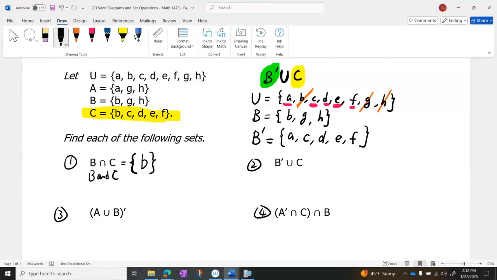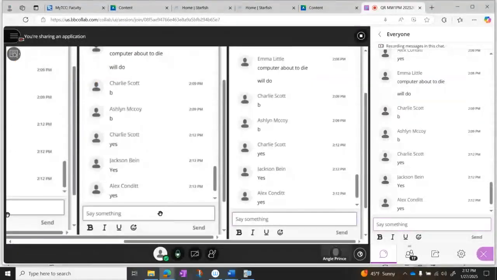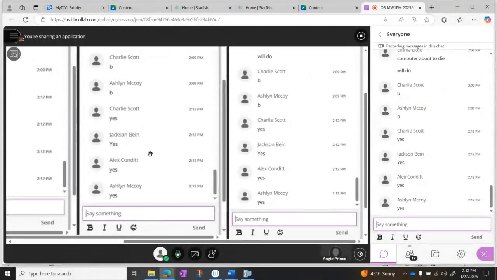Do you agree, guys? It's very easy, right? The complement, yeah. I know you're smart. Some of the students try to use brain power to figure out what B prime is. I would say sometimes your brain tricks you.